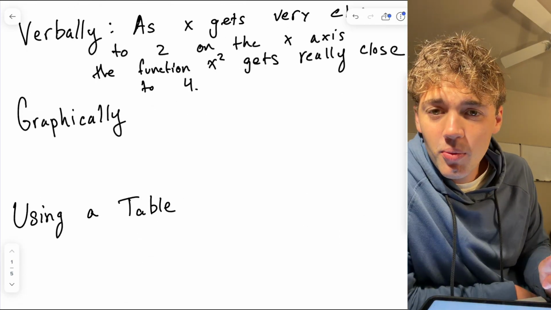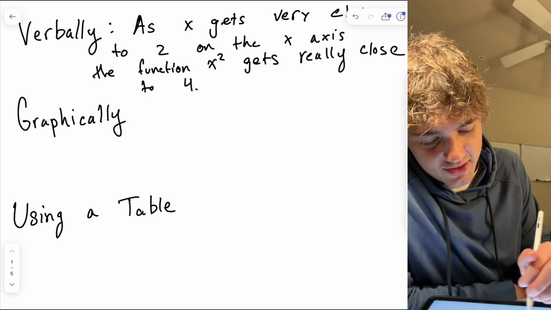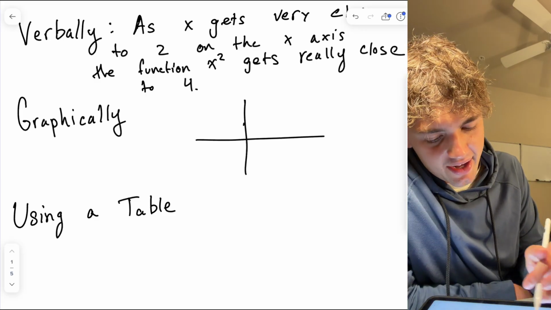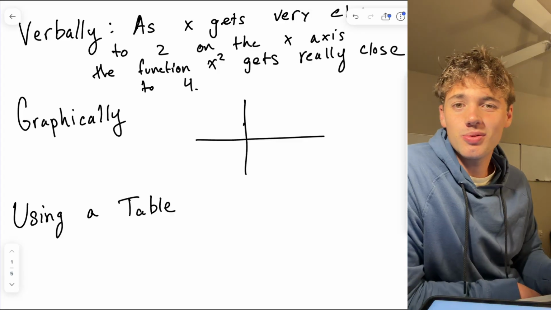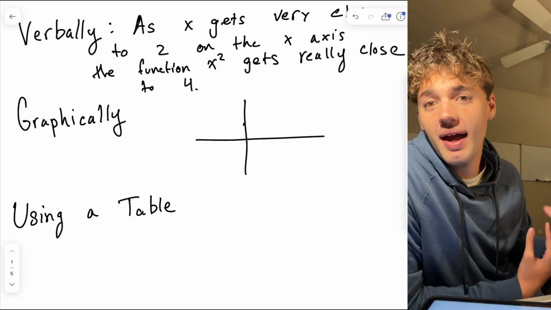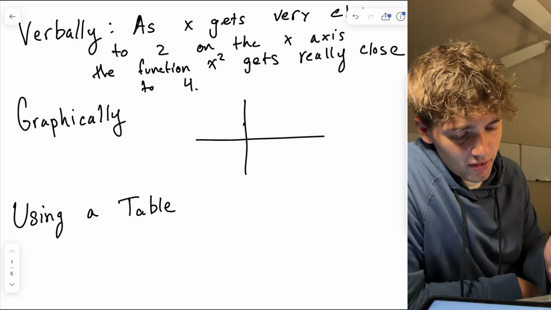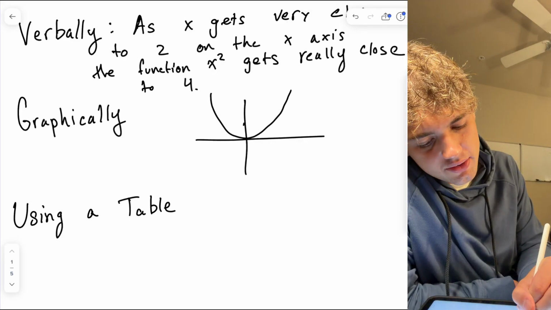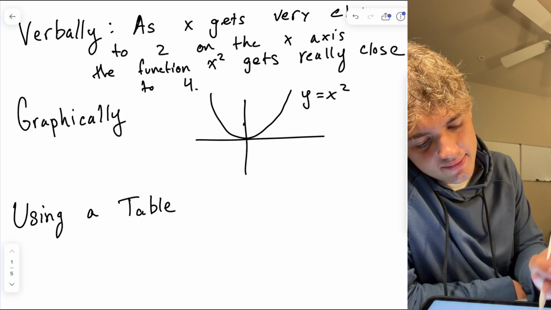We also need to be able to work on this graphically. So we need to be able to look at a graph of x squared and also be able to interpret what's happening on the graph the same way that we're able to do it analytically or speak about it verbally. So we can draw the parabola y equals x squared right here.